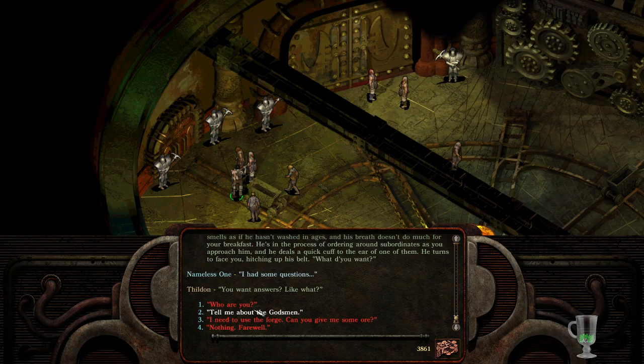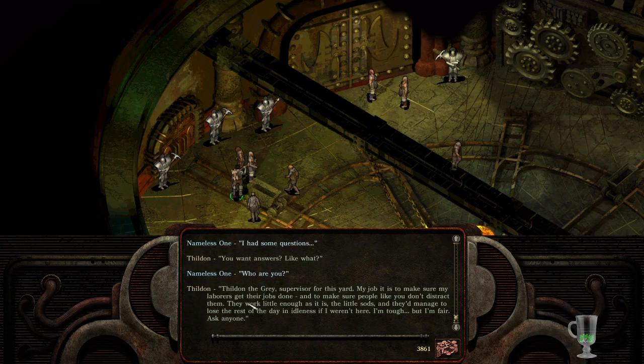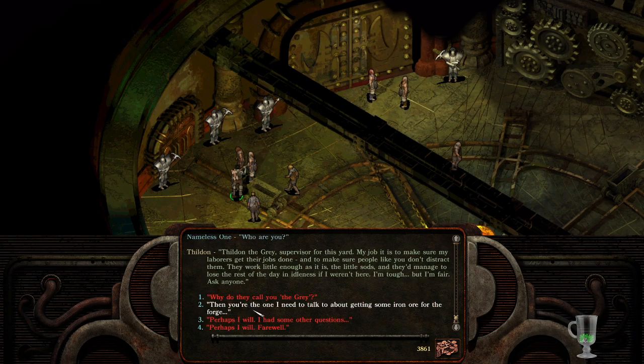You want answers? Who are you? Tilden the Grey, supervisor of this yard. My job is to make sure the laborers get their jobs done and make sure people like you don't distract them. They work little enough as it is. The little sods, they'd manage to lose the rest of the day in idleness if I weren't here. I'm tough, but I'm fair. Ask anyone.